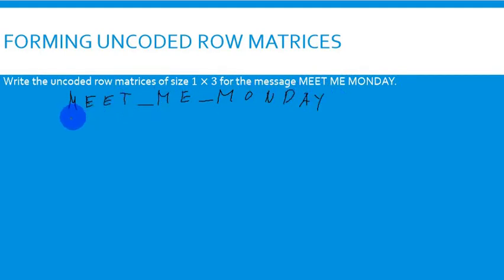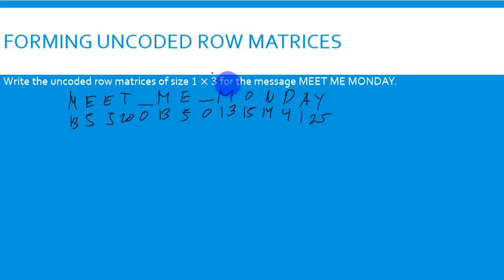So this is 13, this is 5, 5, this is 20. Since there's a space, this is 0, 13, 5, 0, 13, 15, 14, 4, 1, 25.